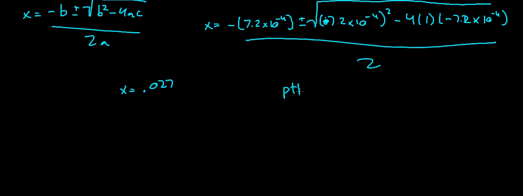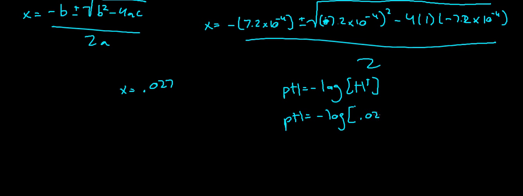pH is minus log concentration of hydrogen, and this is equal to 1.57.